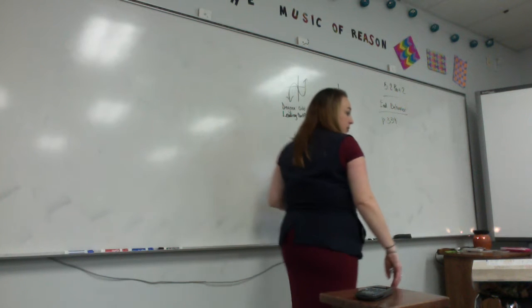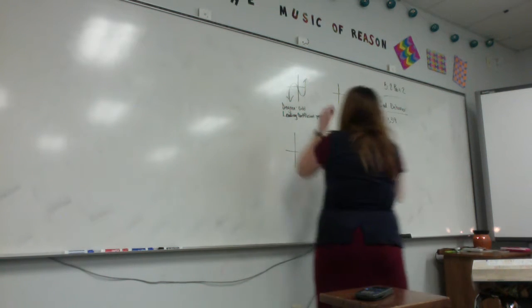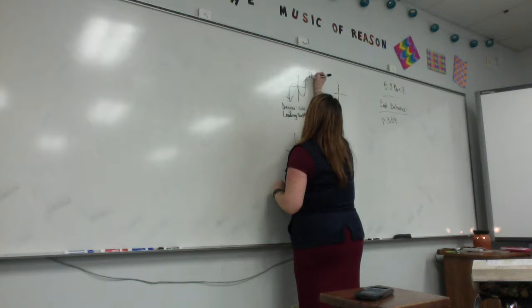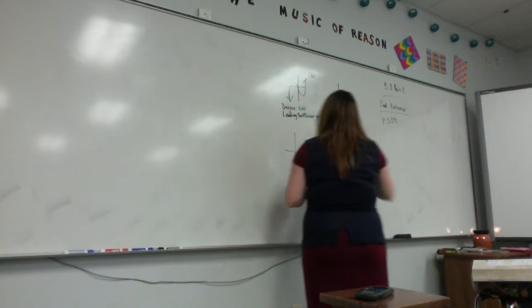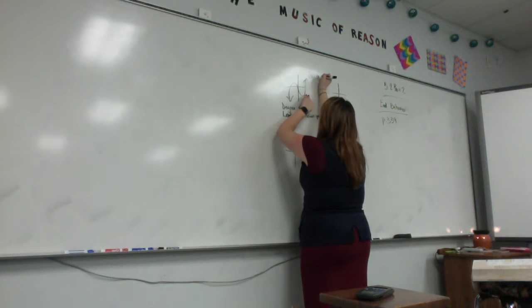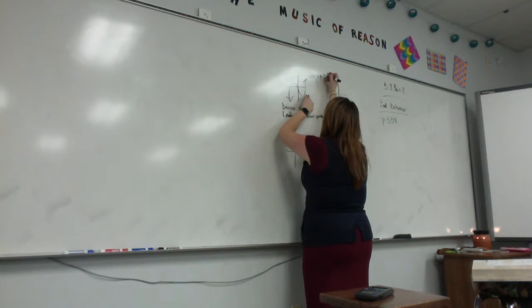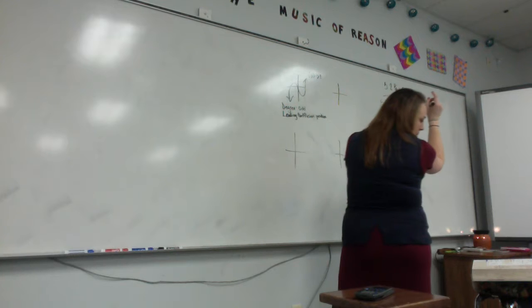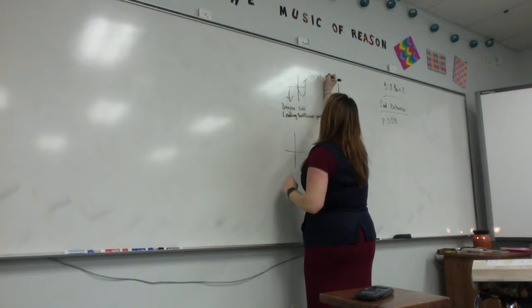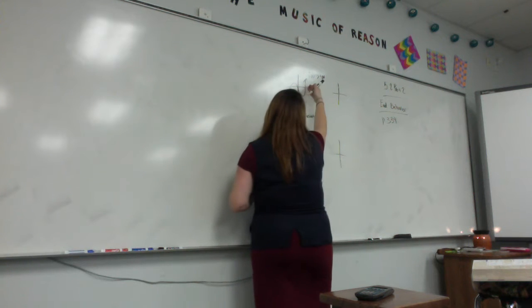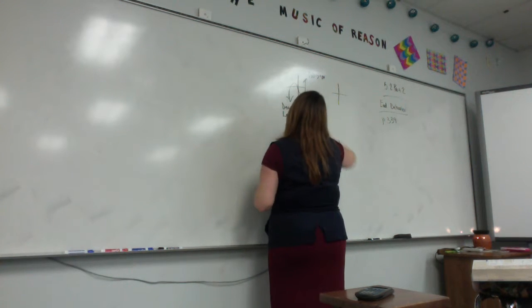What that means is as x approaches the positive side, f of x is going to continue to become positive. So as I plug in an x from this side, it becomes positive.